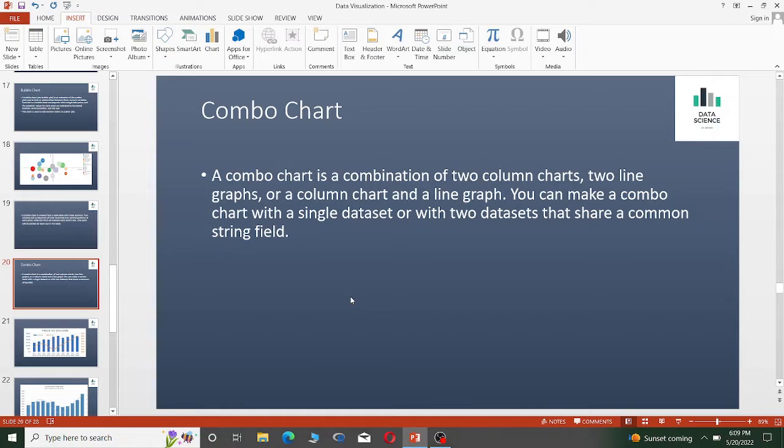You can make a combo chart with a single dataset or with two datasets that share a common string field. Please emphasize this part: we can make a combo chart with a single dataset or with two datasets that share a common string field.